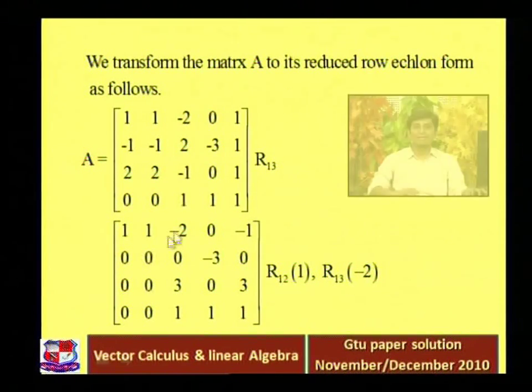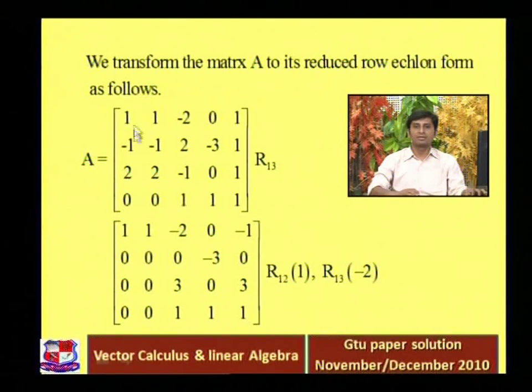So now next process is you can see this is our leading entry, right? Below that leading entry we want 0 here, so that's why we multiply first row with 1 and add into the second row, and then multiply first row with minus 2 and add into the third row, okay. So the first row is as it is, 1 1 minus 2 0 minus 1, right?